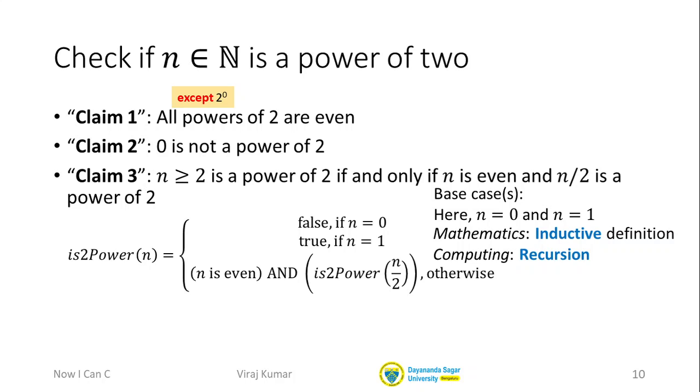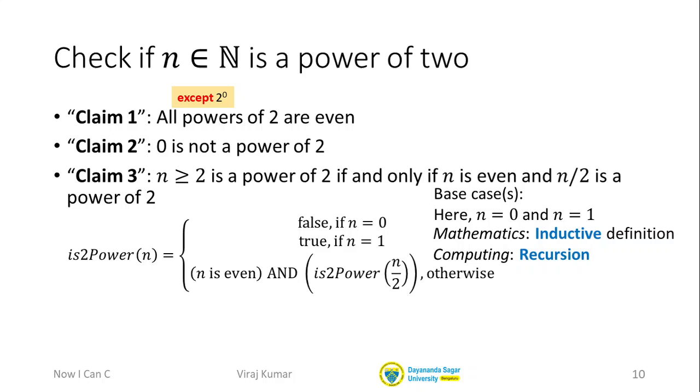So you notice that this is2power function returns essentially a true or false value. The base cases are either true or false, and then the inductive case, the last case, is essentially the AND of 2 conditions. So again, if you take an AND of true and false, or false and false, or true and true, you're going to get either a true or a false value.